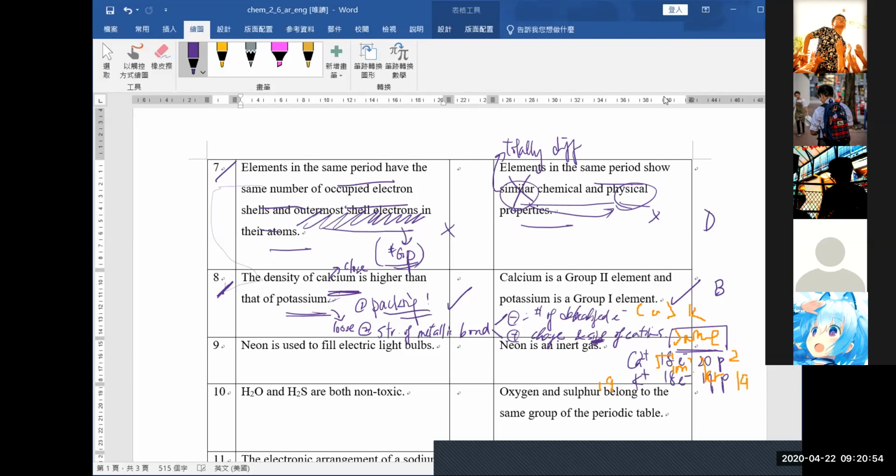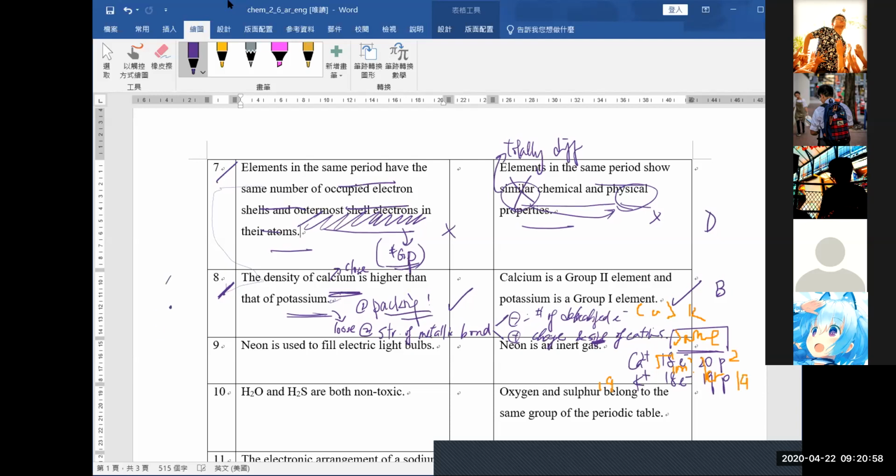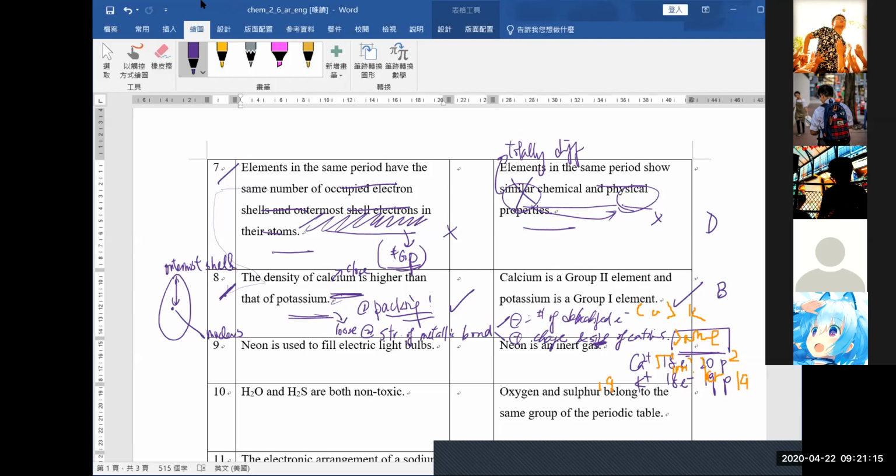How to measure the size? Any definition to tell the size of an ion? It is measured from the nucleus, the distance between the nucleus and what? The outermost electron shell, right? So we will call that atomic radius, or for the metal you talk about ionic radius.